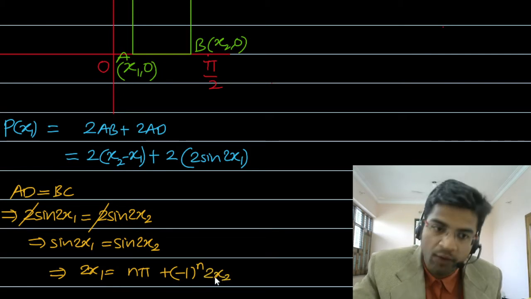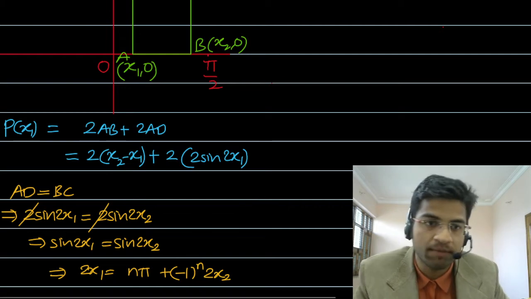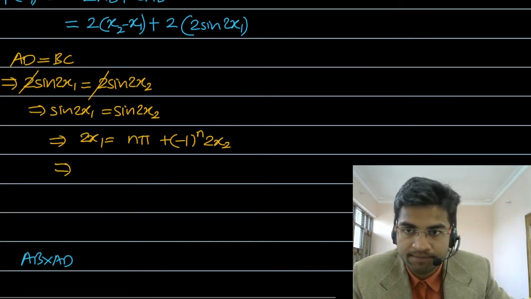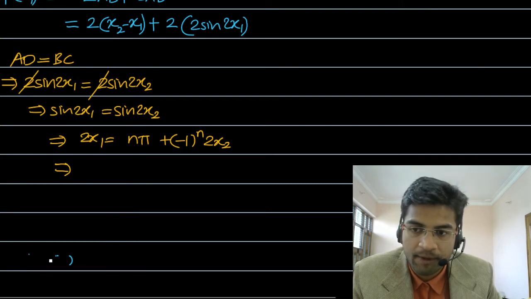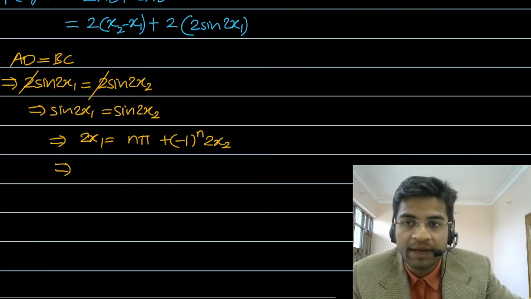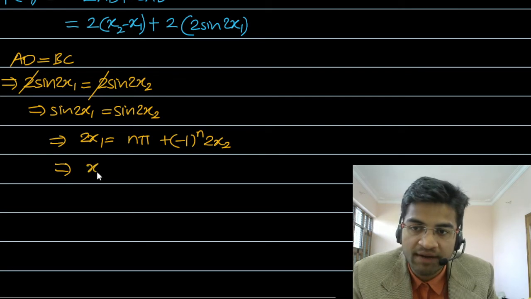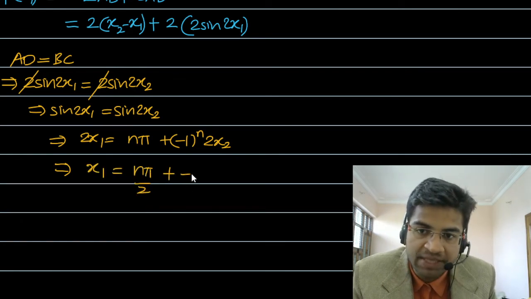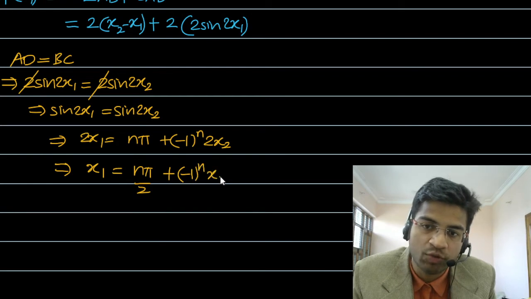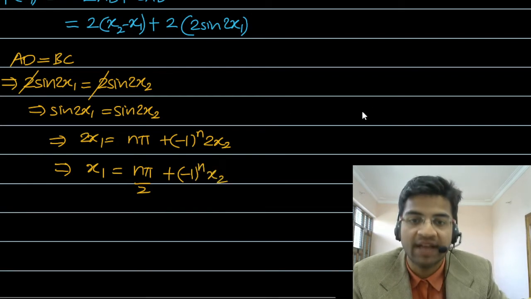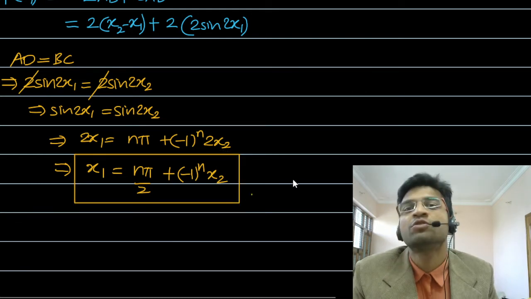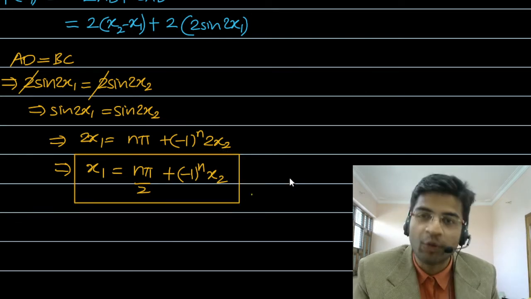Now divide this whole equation by 2. You will get x1 is equal to n pi by 2 plus (minus 1) to the power n x2. So we have this relation between x1 and x2. Now, obviously, x1 cannot be equal to x2, so n cannot be equal to 0.